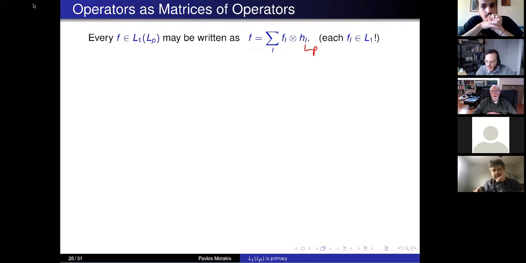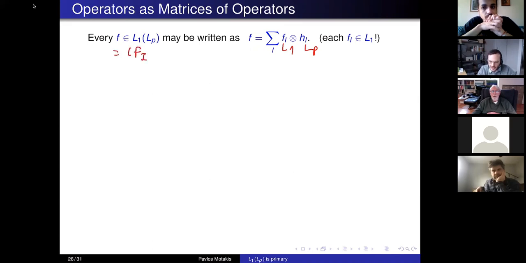This lives in LP, and this here lives in L1. So the right side is fixed, it doesn't depend on F. So what I did is I took my F and I represented it. So F can be identified with a collection of functions in little L1. So it's a column, let's look at it as a column, a vector, whose components are all in capital L1.